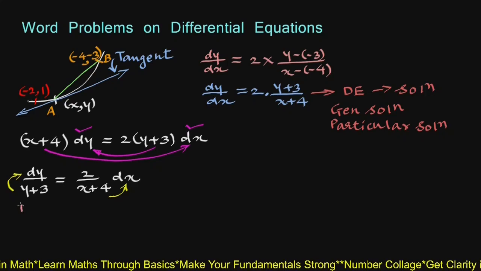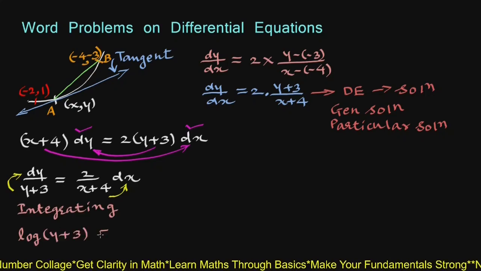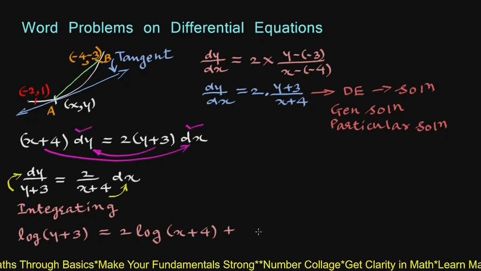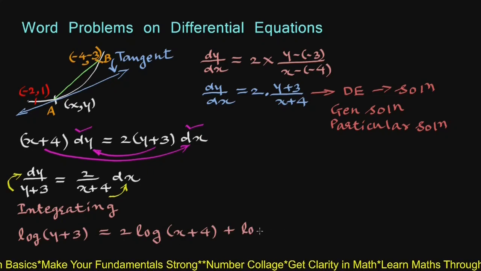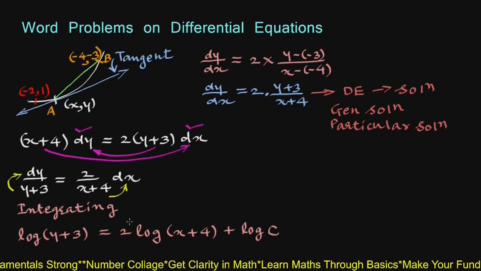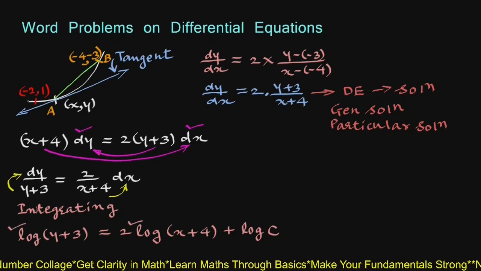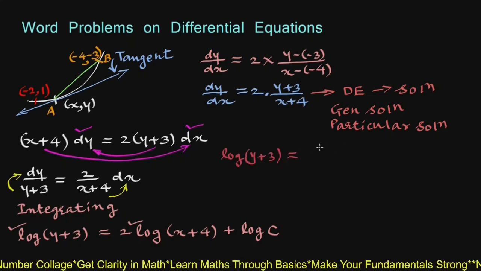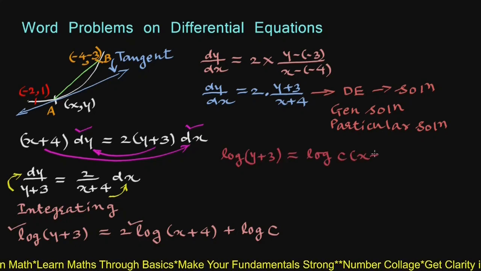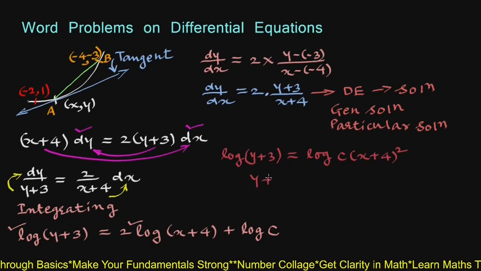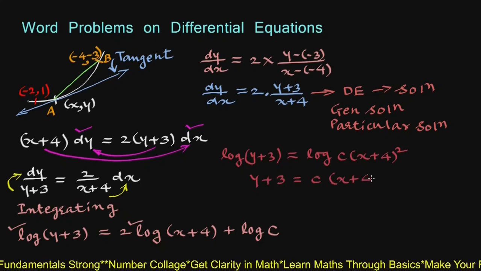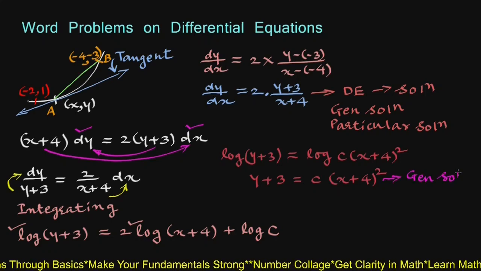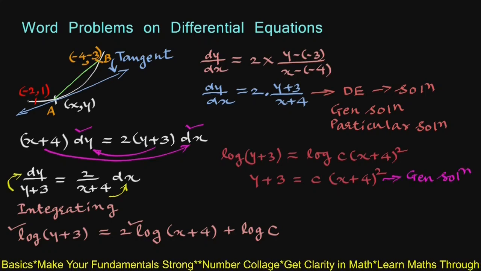Next we will integrate: log (y plus 3) equals 2 log (x plus 4) plus, in place of the constant of integration, we will write log c because there is log in the rest of the terms. This will be log (y plus 3) equals log [c into (x plus 4) whole square]. y plus 3 will be c (x plus 4) whole square. Now this is the general solution which will represent a family of such curves.